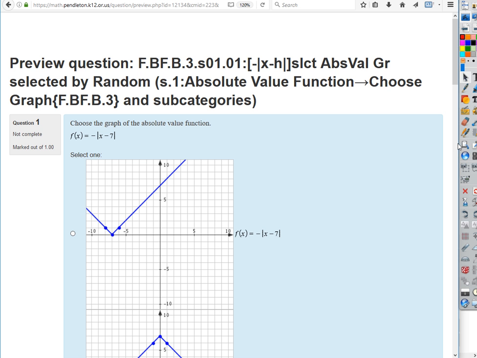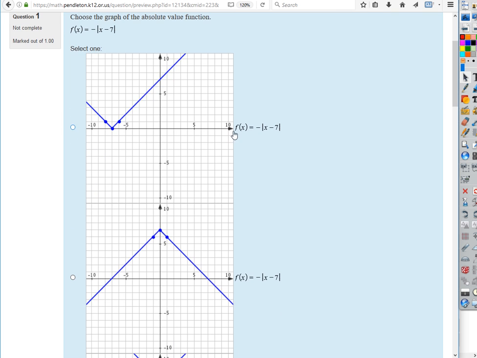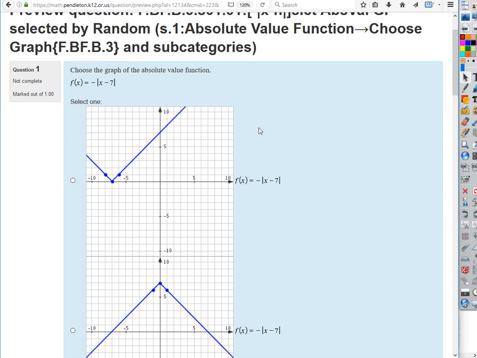Let's apply the same kind of thinking we just did to this. What we want to do here is identify the values of the parameters, and that'll allow us to find the graph really quickly. Let's just demonstrate with an easy one, and then we'll look at some hard ones.